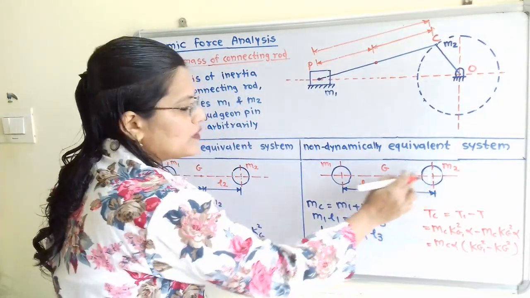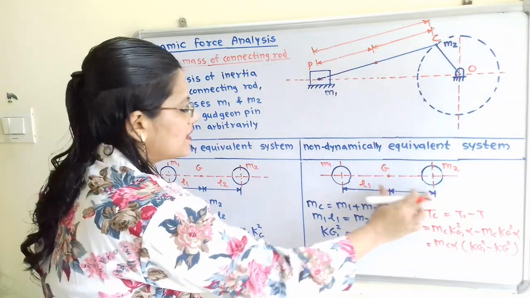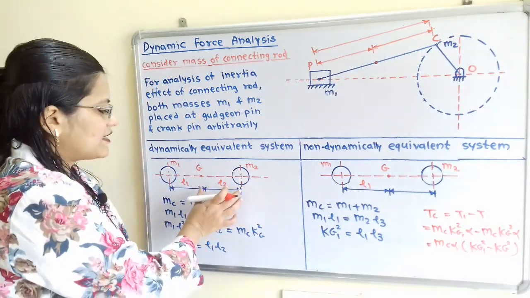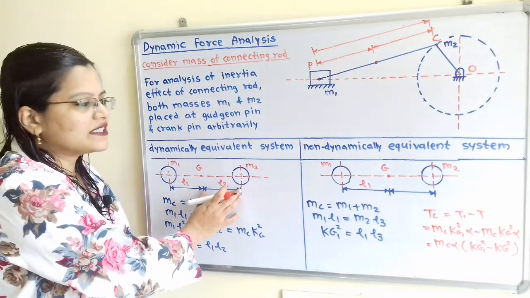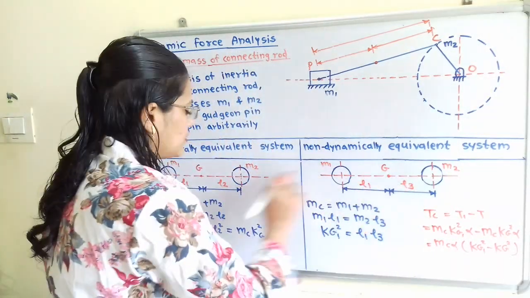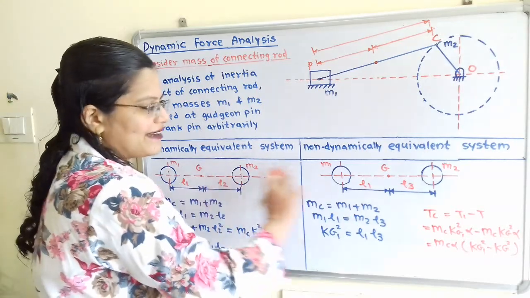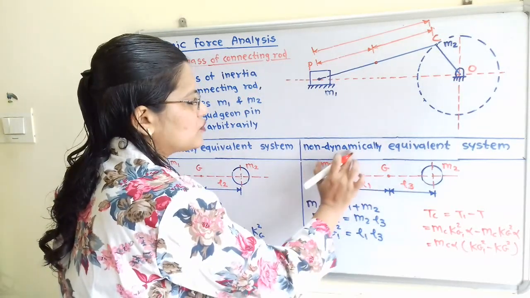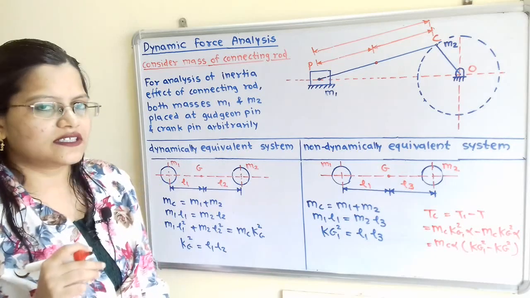But mass M2 is arbitrarily placed, so here this condition is not getting satisfied. So we cannot take this distance L2, but we will take here the distance L3. And because we have not taken L2, this system is known as a non-dynamically equivalent system.